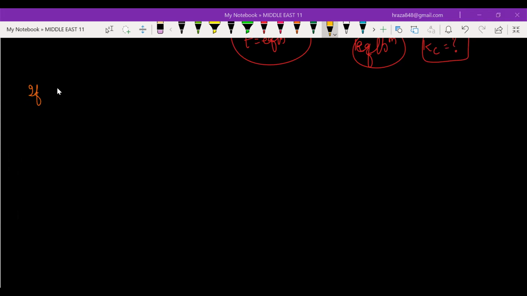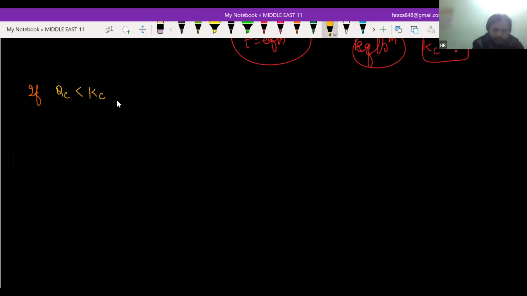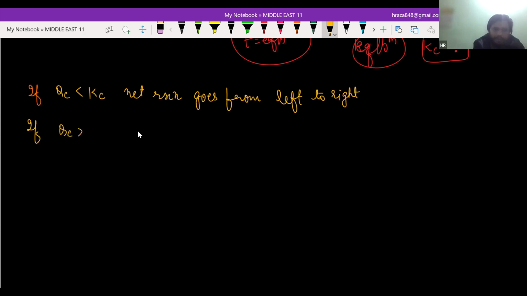Hello, am I audible, Fawaz? Yes, sir. Okay, if Qc is less than Kc, then the net reaction goes from left to right. If Qc is greater than Kc, then the net reaction goes from right to left.